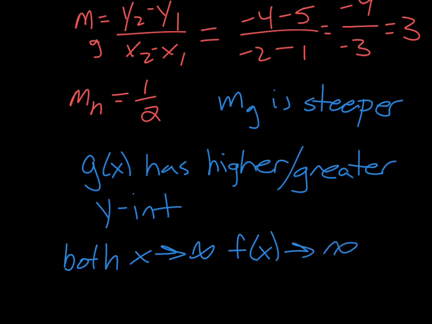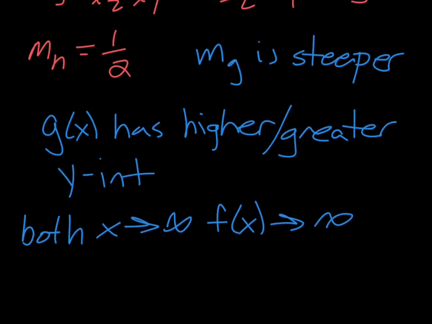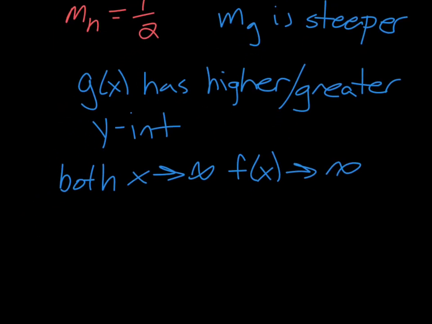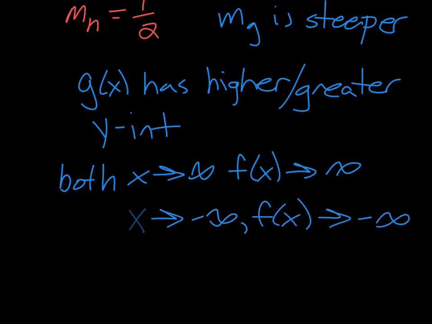What about for negative infinity? They both go to negative, yes. Is that okay? Because the answer is either yes or no. And if it's no, then you gotta ask.